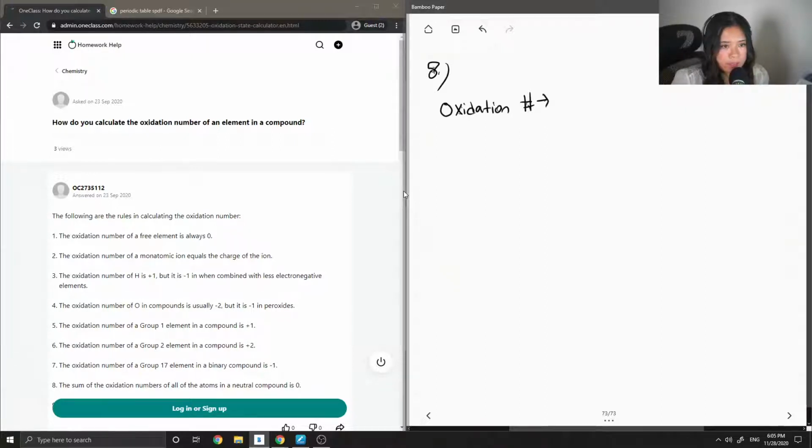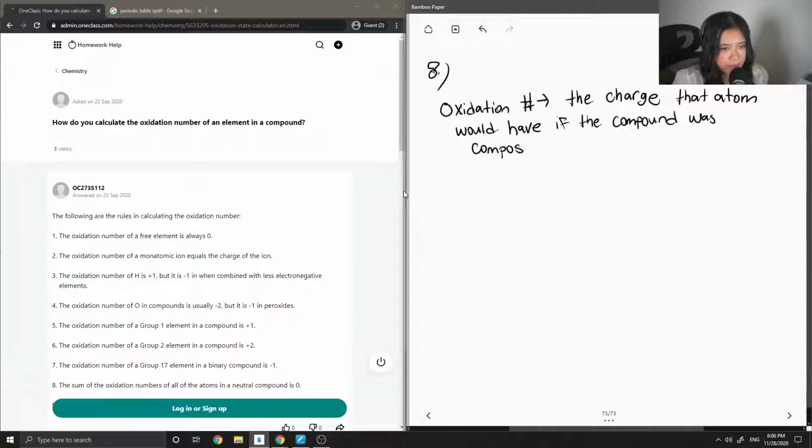So oxidation number is the charge that atom would have if the compound was composed of ions. So ion just means an atom with a charge.